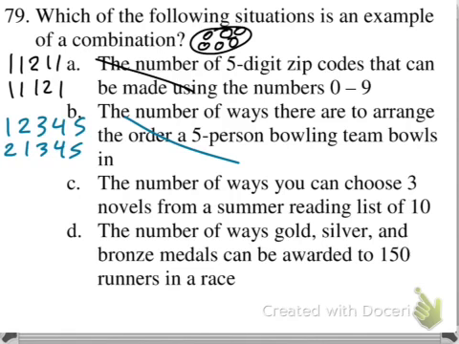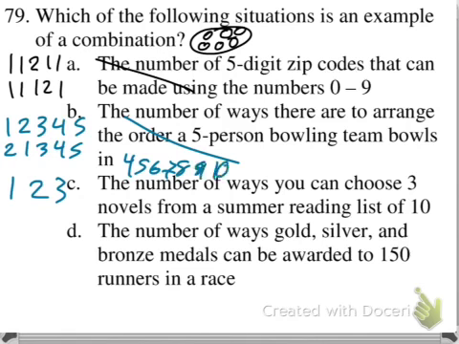So we have our 10 options. Let's say you have books 1, 2, and 3, and then we didn't choose 4, 5, 6, 7, 8, 9, or 10.